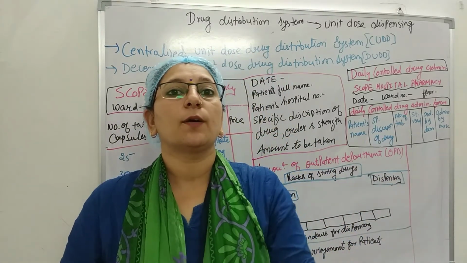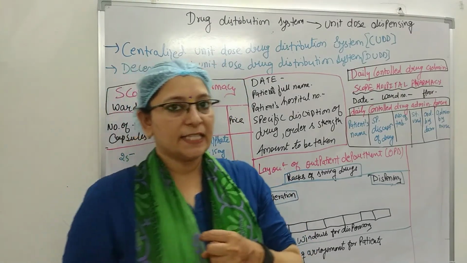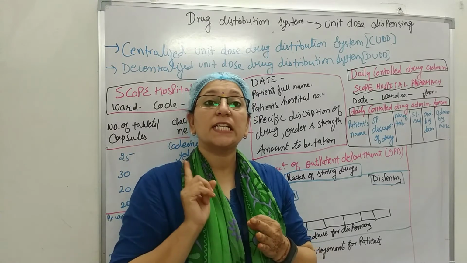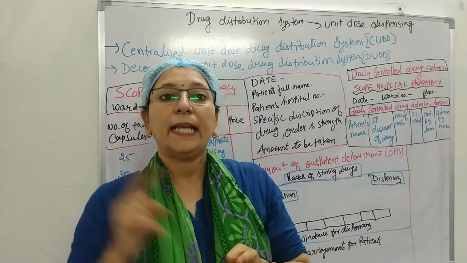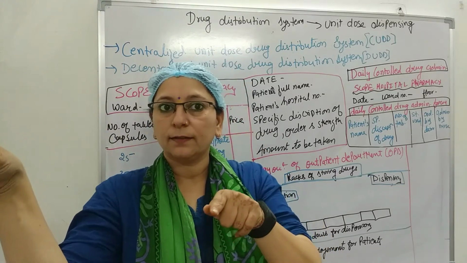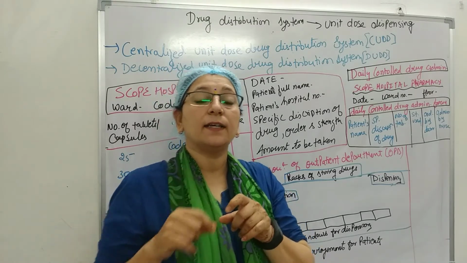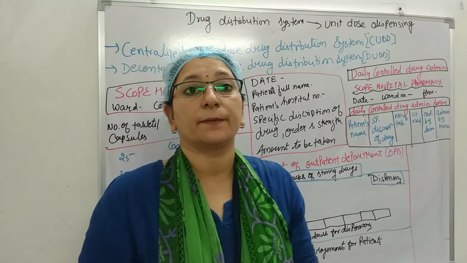The full information required on a daily controlled drug administration sheet is as follows: date, amount given, patient's full name, patient's hospital number, name of doctor ordering, signature of the nurse, and the name of the nurse who administered.